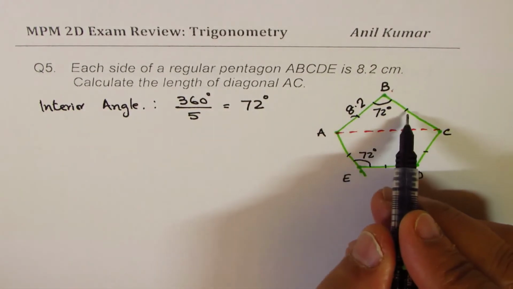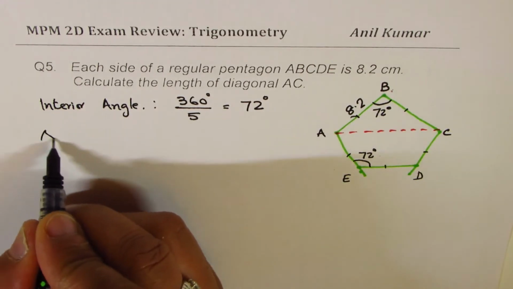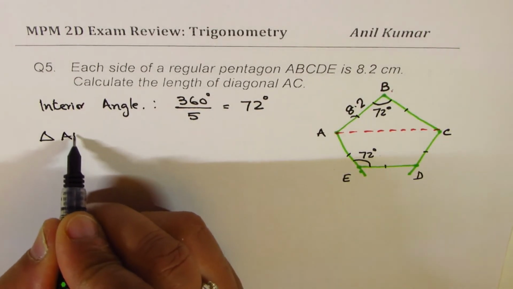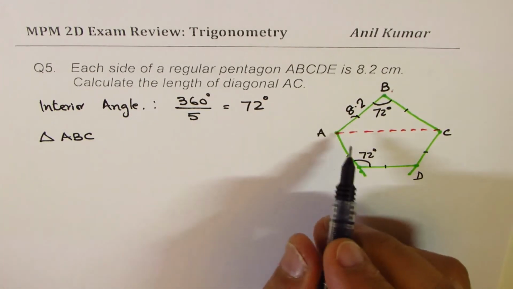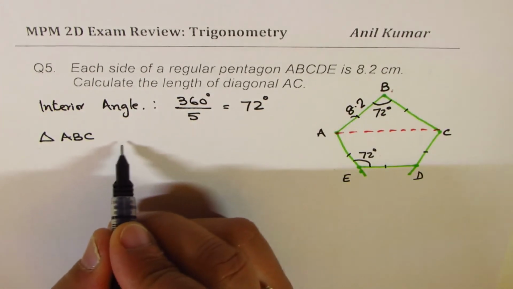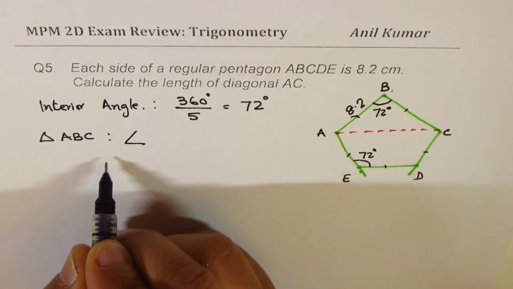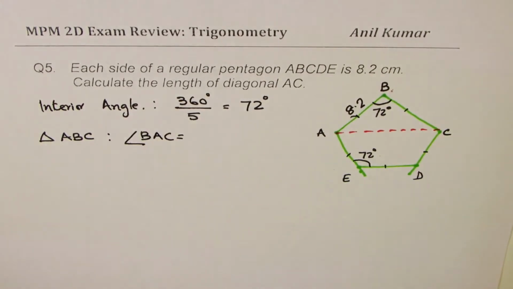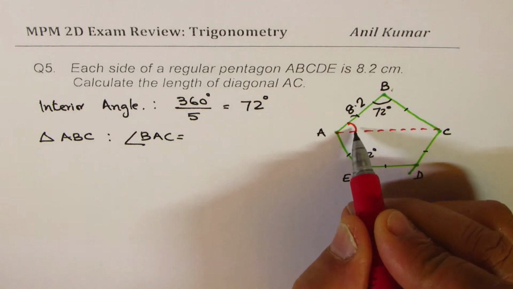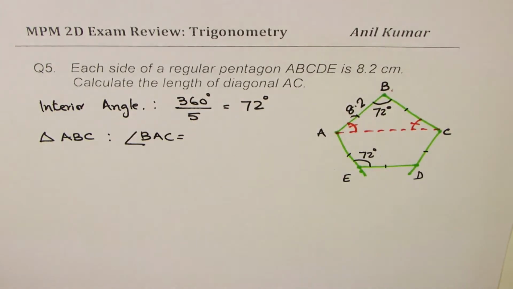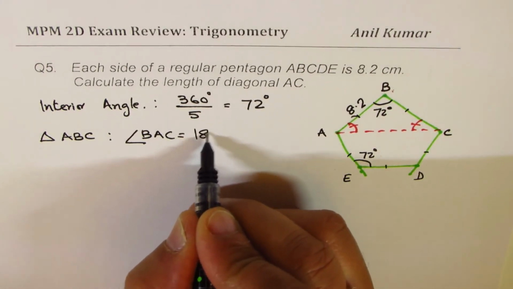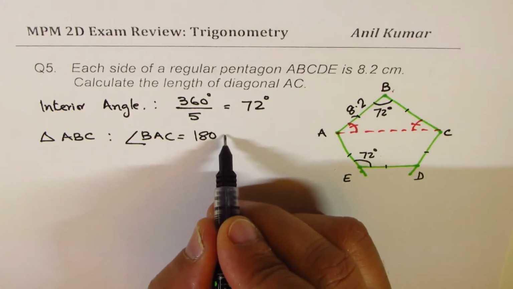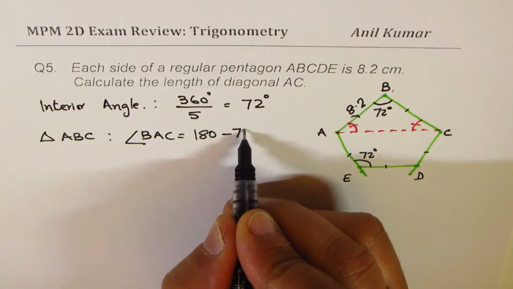Now since we have an isosceles triangle, think about the triangle ABC. In this triangle, what should be the angle BAC? Now BAC means we're looking into these two angles. Both are equal, correct? So it will be 180 degrees, the sum of all these angles, minus 72 degrees.